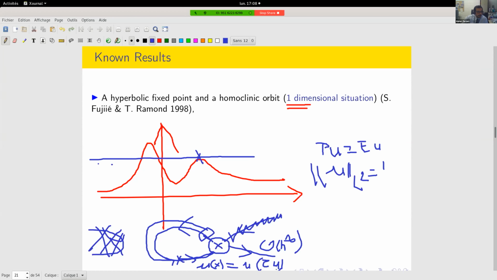And this gives us, in some sense, a quantification rule. And in this case, Ramond and Fujiié show that near this energy E0 positive, we have horizontal line before E0 and after some logarithmic line.